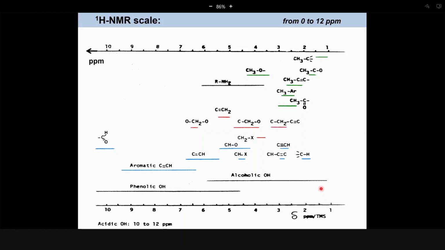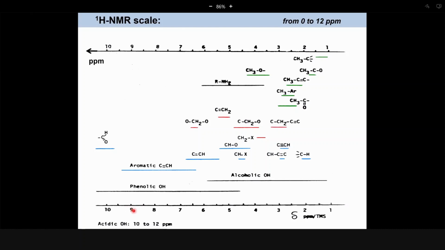Let's say that in an alkane, the protons are around 1 to 2 ppm. When you have a proton close to a double bond, it's around 2.5 to 0.8 ppm. If the proton is on the double bond, you are around 5 to 6.5 ppm. And aromatic protons on aromatic rings are from 6.5 to 9 ppm.